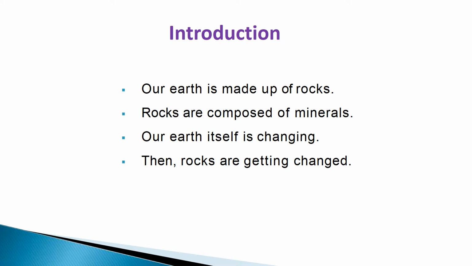As all of us know, our earth is made up of rocks, and these rocks are composed of minerals, and the earth itself is changing, and because earth is changing, then rocks are getting changed too.